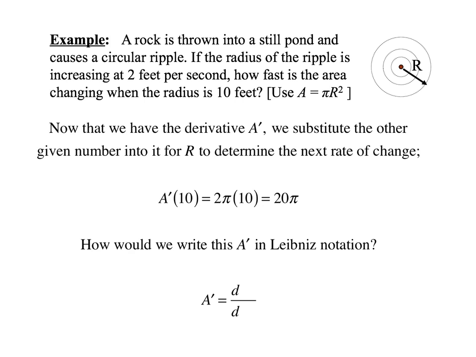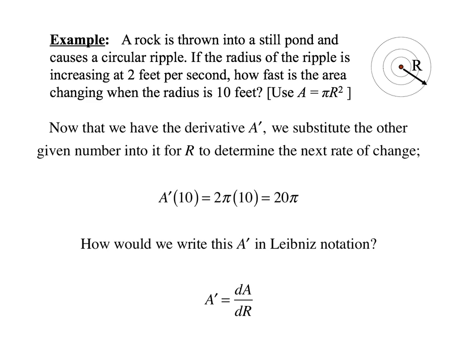And in Leibniz notation, that's the d something up top, d something in the bottom, the denominator. That's going to be dA/dr. dA/dr. A prime is the rate at which area is changing with respect to radius.